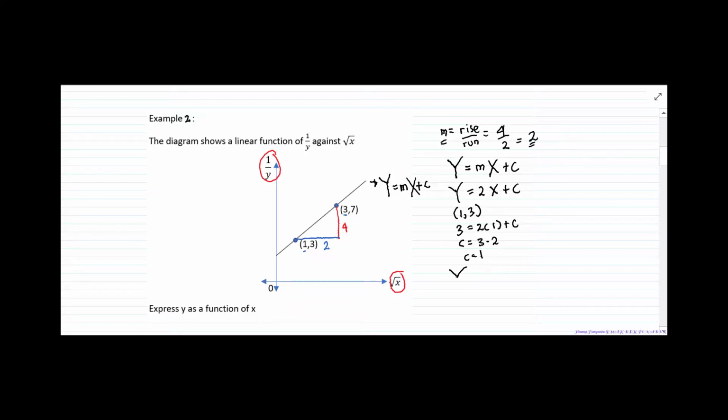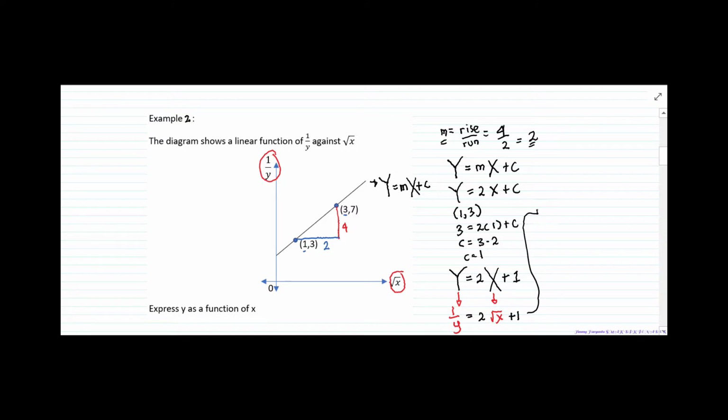And the complete equation will be y equals to 2x plus 1. But do not forget to change the big Y and the big X. The big Y will become 1 over y, and the big X will become root x. So 1 over y equals to 2 root x plus 1.